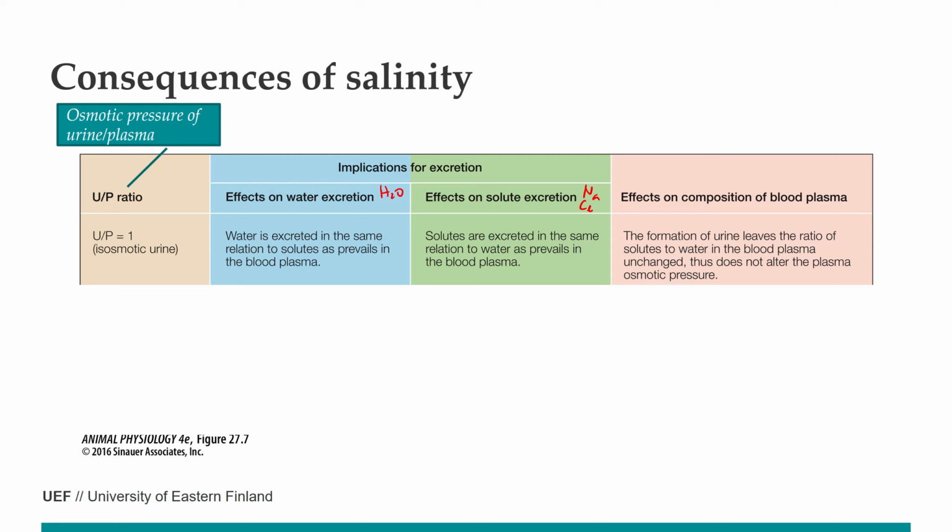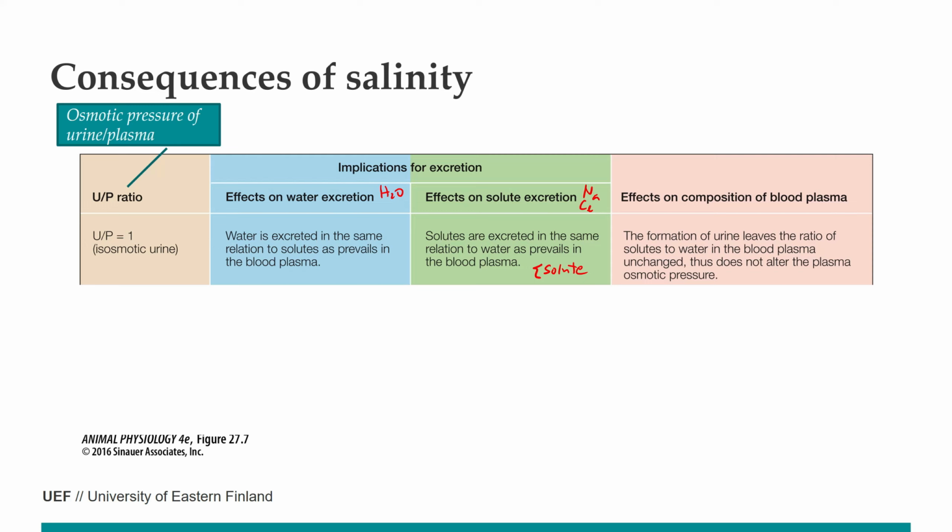There might be that the ions are not the same, and we might be excreting more urea than sodium or whatever, but the idea is that the sum of all these solutes is what is important.